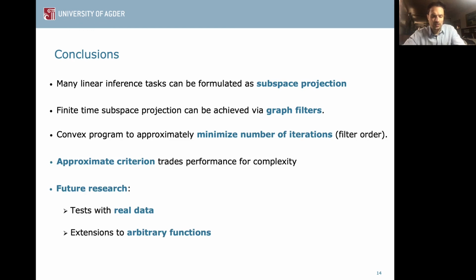And as future research, we should perform tests with real data, and also one can extend this framework not just to subspace projections, but to arbitrary functions. So this is all. Thank you very much for your attention.